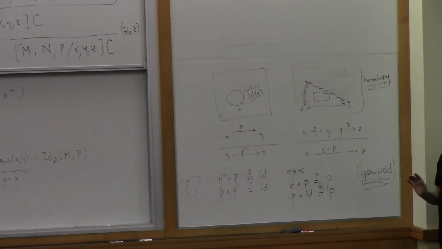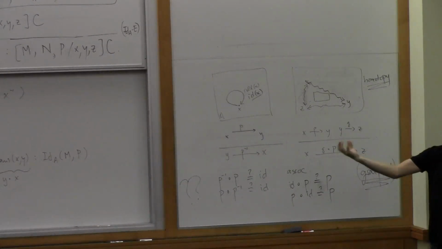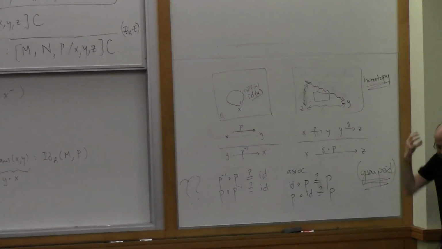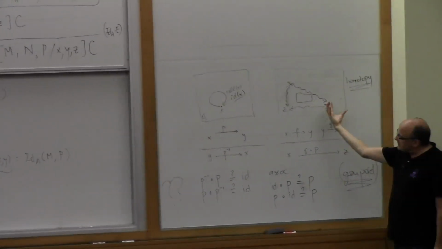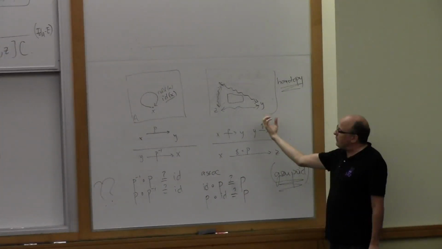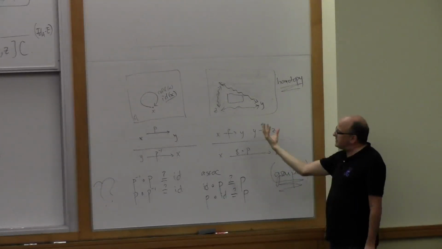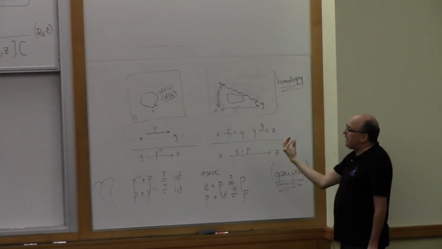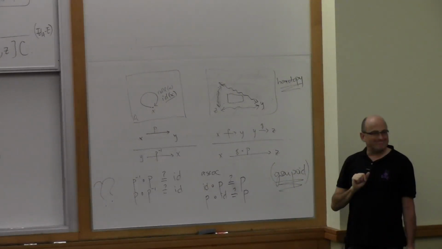Because there are no accidents in the world. This is not some random coincidence. This is telling us that computation, the essence of what type theory is all about, is at the bottom of even things that seem so far-fetched and abstruse and far afield as deformations of topological spaces.